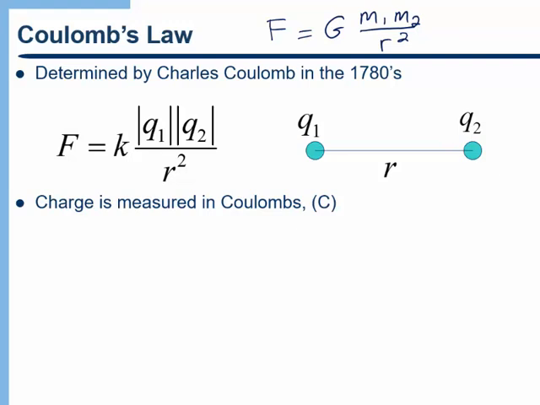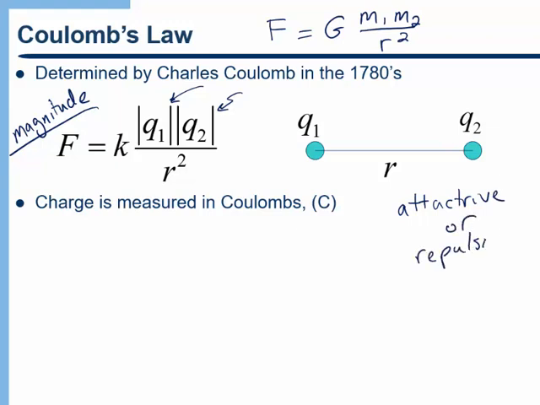Really, the only thing that looks different here is that we've got these absolute value signs. And that's simply because this is just going to give us the magnitude of the force. We know that the charge can be positive or negative, and so that's why we put the absolute value signs around there, so that no matter what, we just get a positive value for the force. But that idea that the electrical force can be attractive or repulsive is important, whereas gravity is only attractive.